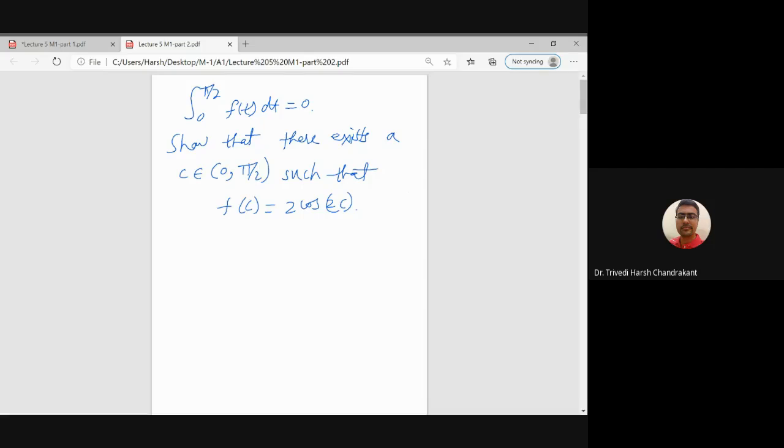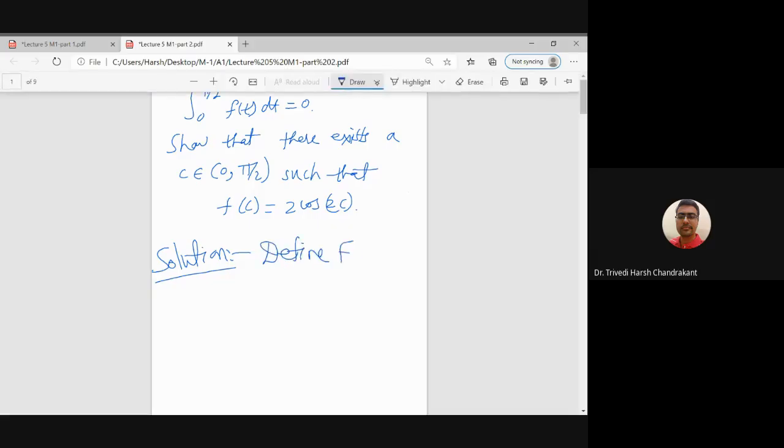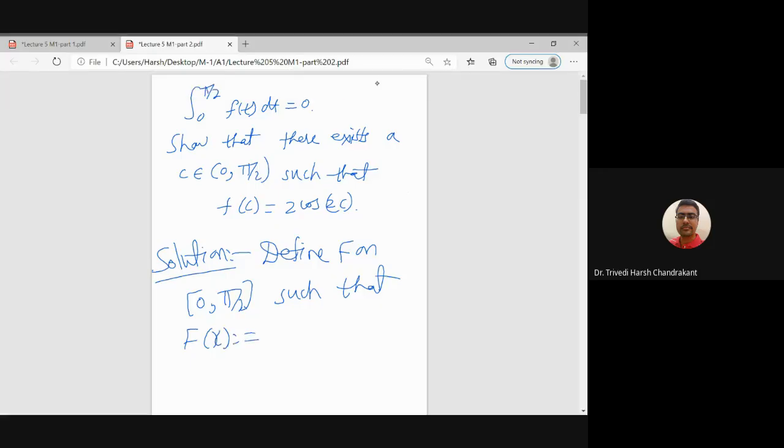So here what we will do is we will combine the Mean value theorem with the first fundamental theorem of calculus. So define a function such that the function F of x is the area function 0 to x f of t dt.